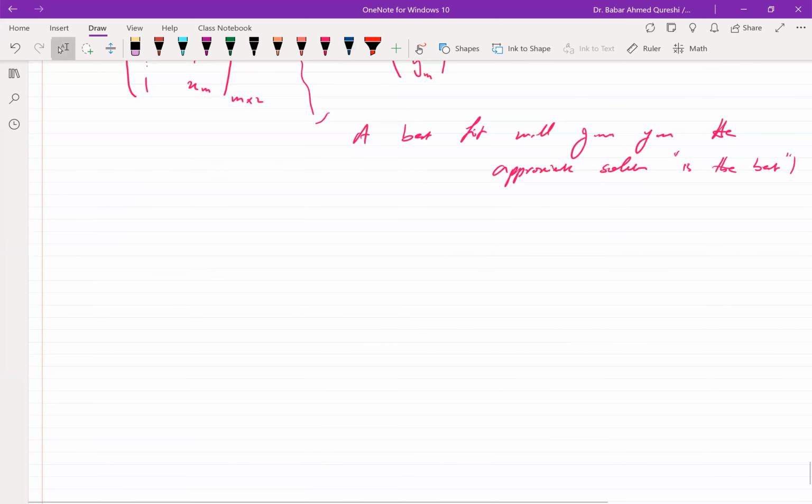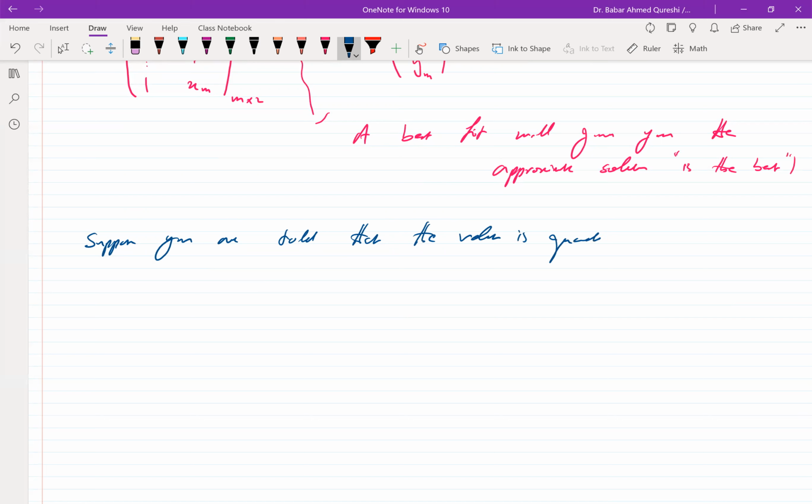Similarly, you could have probably modeling it with a linear equation. That's not necessary. So suppose you are told that the relation is quadratic. Could be any polynomial which you are told. So y is equal to ax square plus bx plus c.